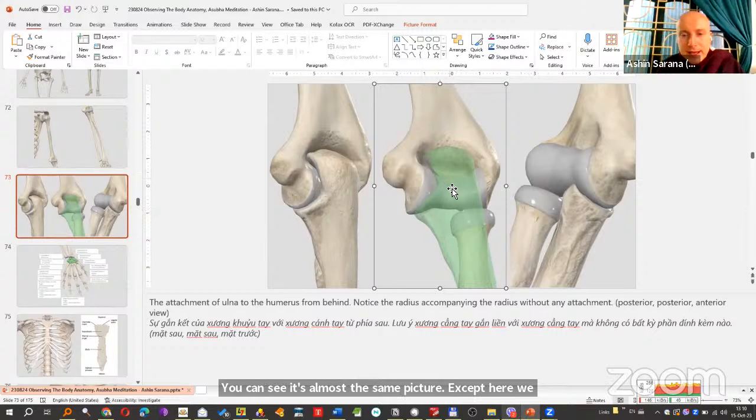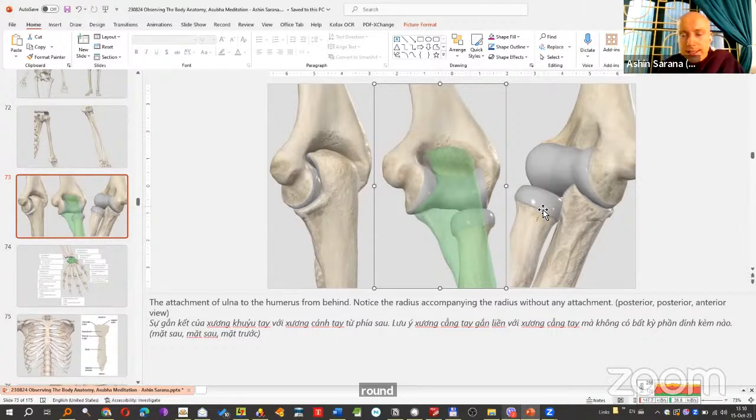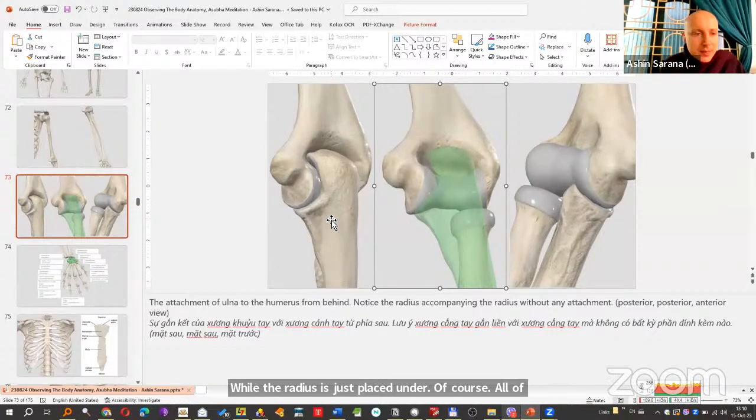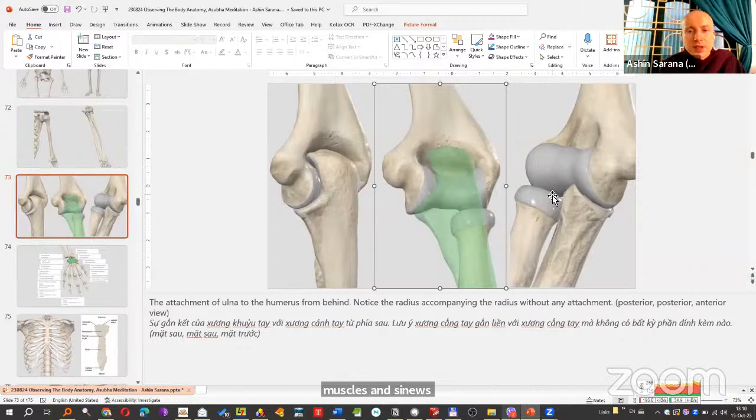And we can see that the ulna is really attached to a kind of circular or round shaped end of the humerus, while the radius is just placed under. Of course, all of these bones are very well kept together by the muscles and sinews, especially by the sinews. But some bones are better secured than others.